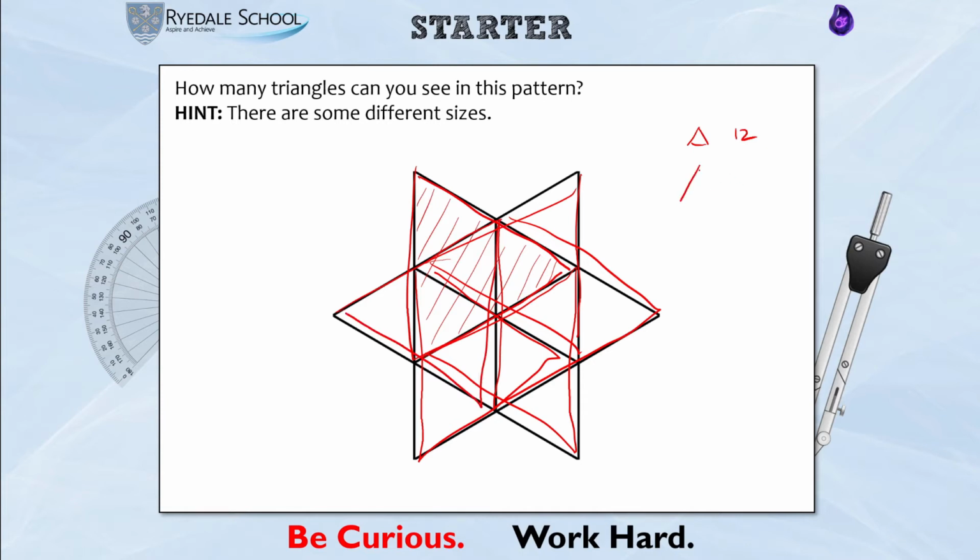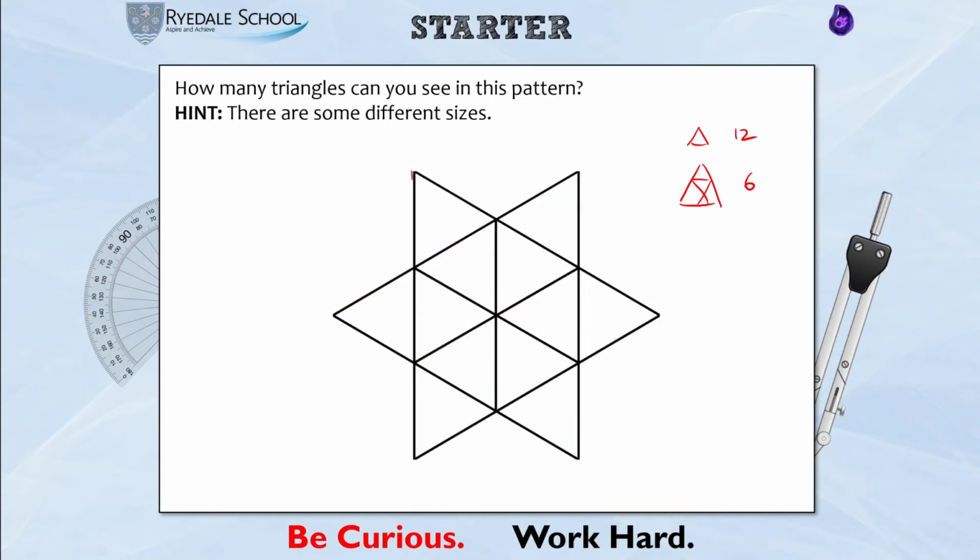Like I said, one for each point of the star. Finally, there are 2 very large triangles. One there and one there. So all together, there are 20 triangles in that puzzle.